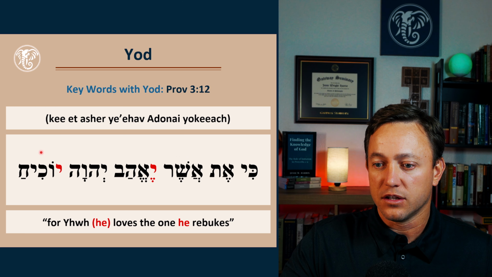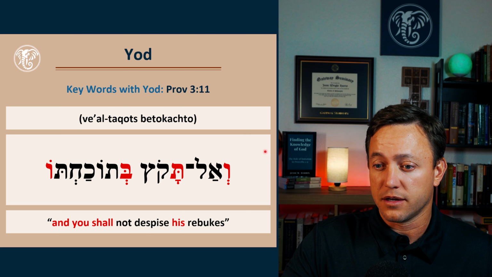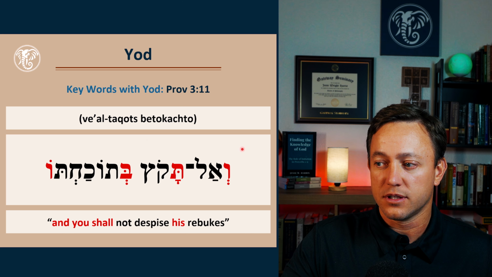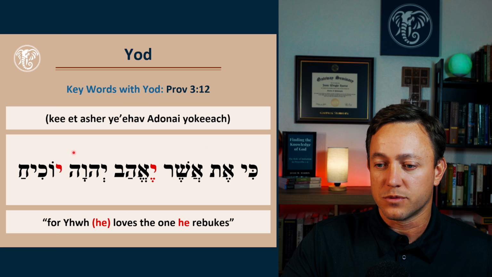The Lord rebukes. So you can see here, it's actually that same root word that we saw in the previous word, tochacha. So tochacha is really from the word yachach. So as we see here, yochach, or yachach.